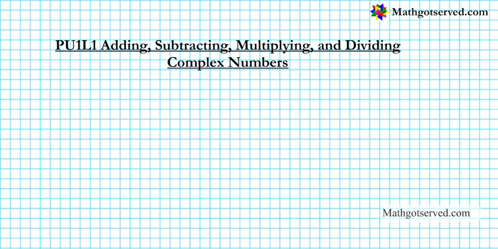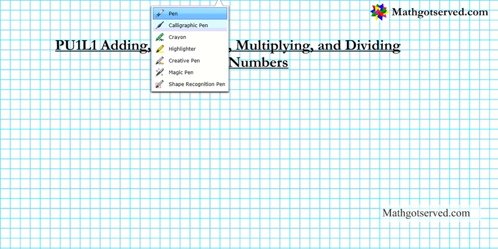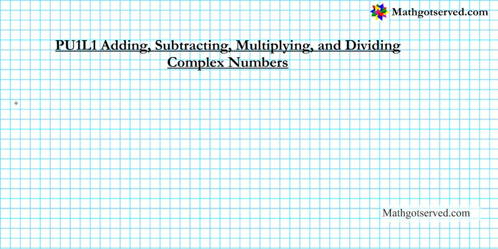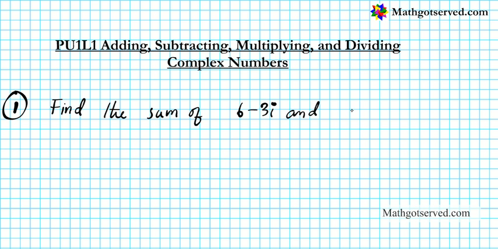So let's go ahead and write down the instructions for question number 1. Find the sum of 6 minus 3i and 5 plus 4i.